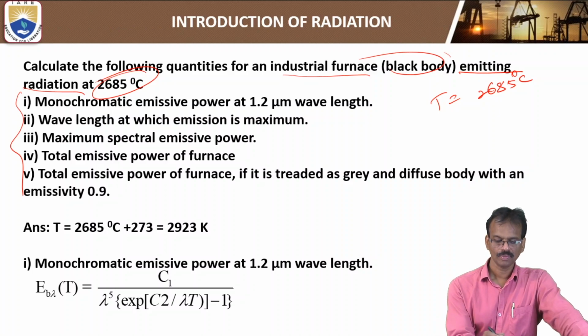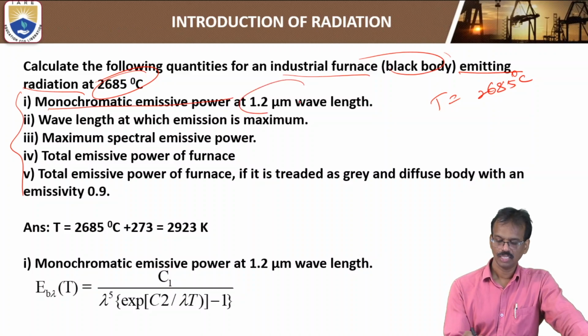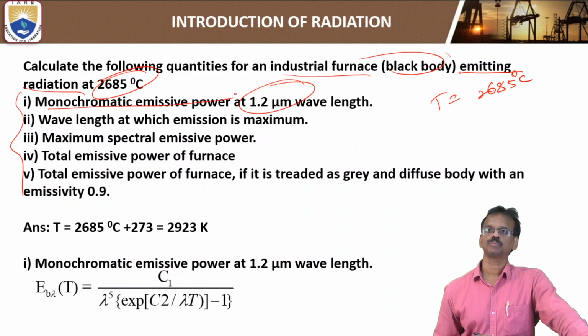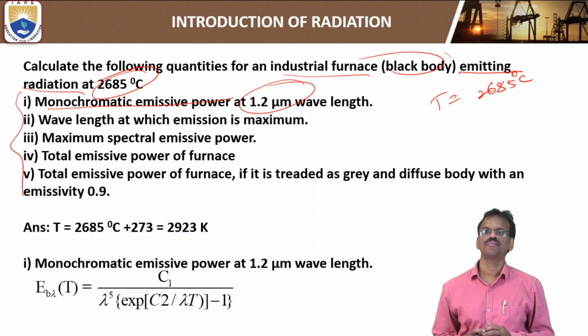First one is the monochromatic emissive power. You have to find the monochromatic emissive power at the given wavelength. What is the wavelength? 1.2 microns. Since the wavelength is given, with the help of Max Planck's law we can find the monochromatic emissive power.